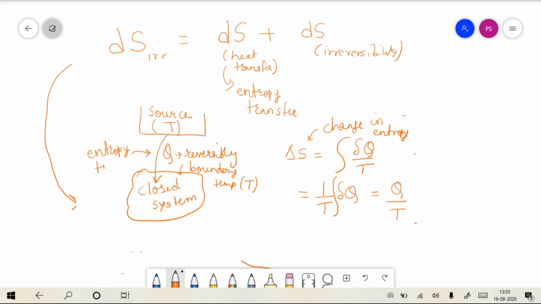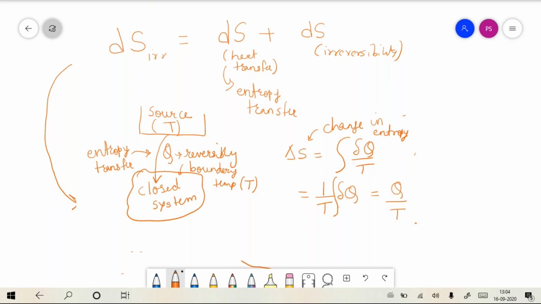So please note that whenever the system accepts heat, entropy flows into the system. Whenever there is a heat transfer from the surroundings to the system, there will be entropy transfer to the system, as a result of which the entropy of this closed system would increase. So entropy transfer is essentially associated with heat transfer.